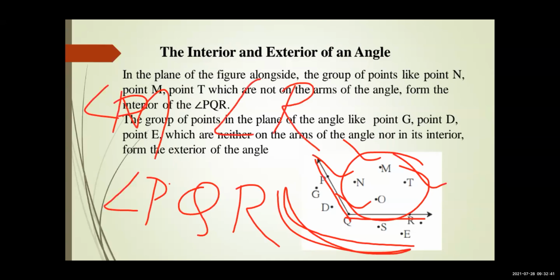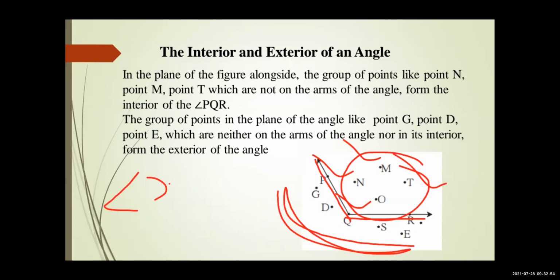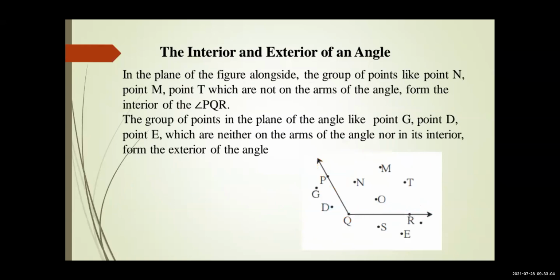So you have to write point N, point M, point O and point T are the points inside, that is the interior of angle PQR. In this way you have to learn the interior points of an angle.